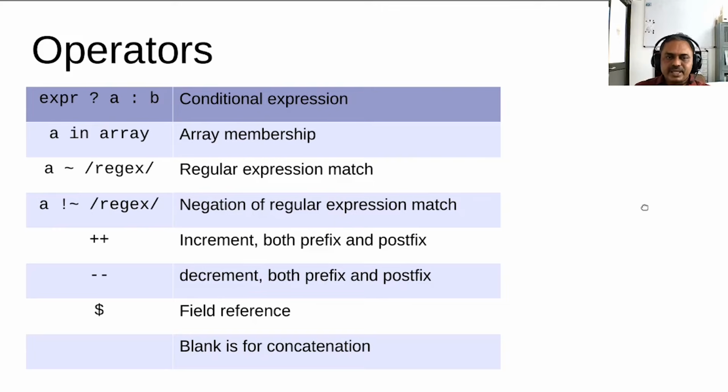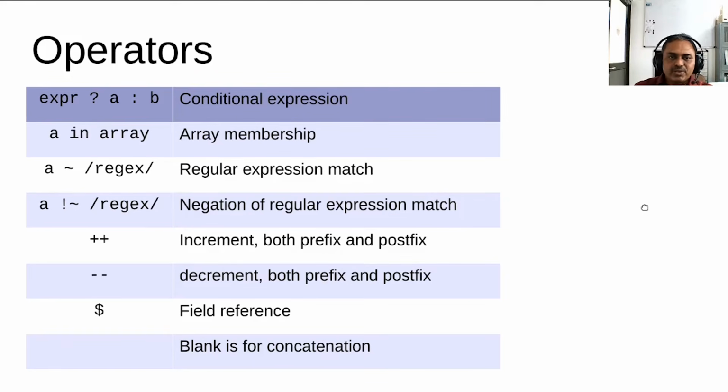Operators are elaborated here. You could also have the if then else in a succinct form as available in the C language here also. So expression question mark A colon B. If the expression is true, then A will be returned. If it is false, then B will be returned. So such concise notations for conditional expression are also available in awk.